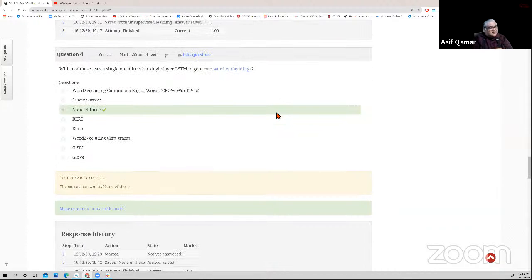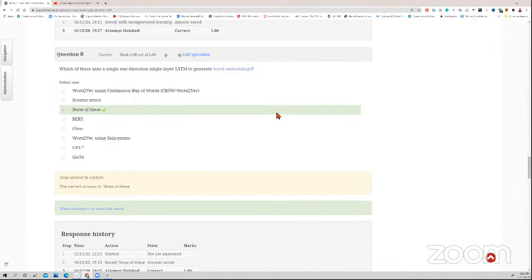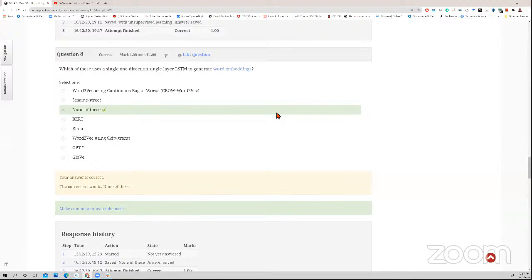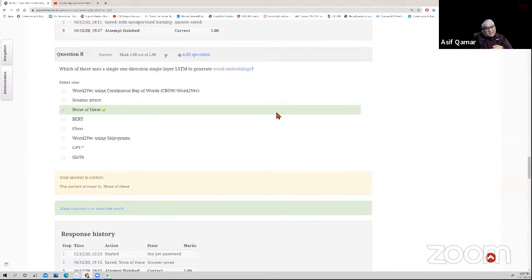Now, which of these uses a single one-directional? Go ahead. Yeah, so can you explain the difference between self-supervised and supervised learning? In supervised learning, you need a label. Yeah. In self-supervised learning, the input is also the label.